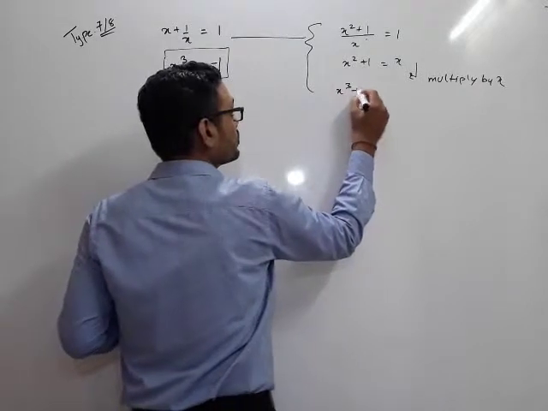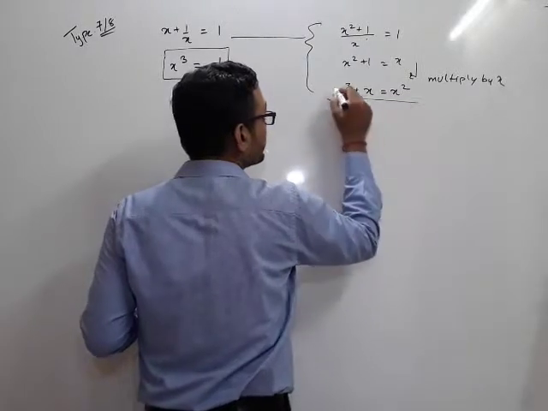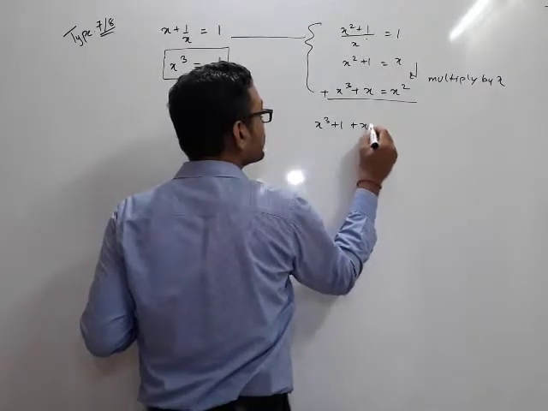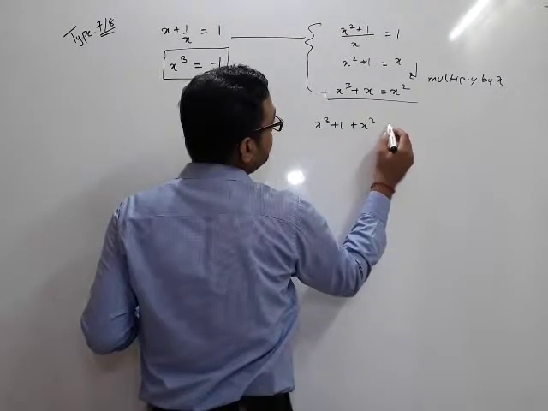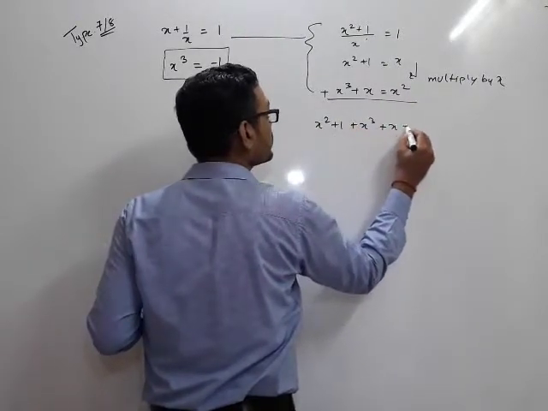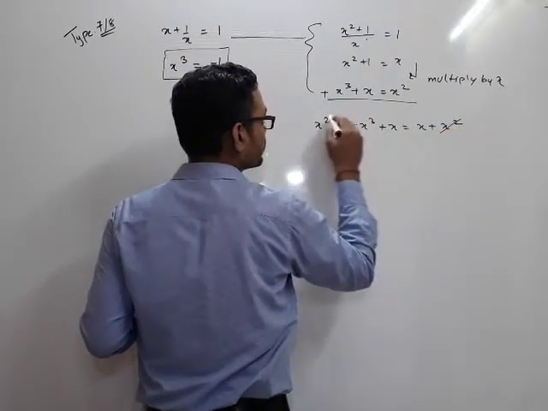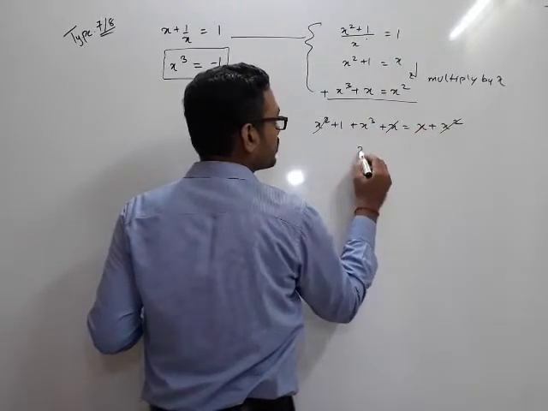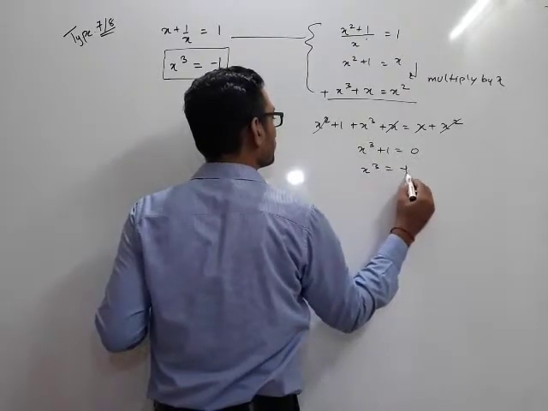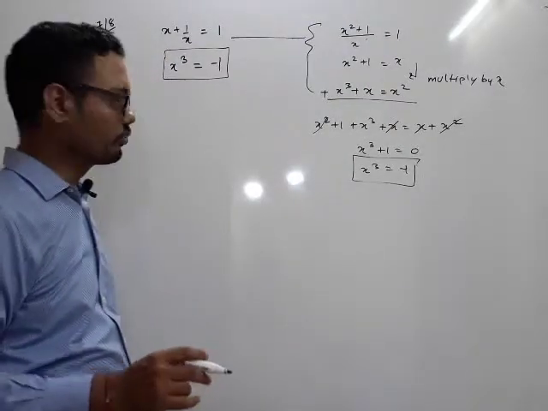So it becomes x cube plus x is equal to x square, and if you add this, x cube plus x plus x square plus 1 is equal to x plus x square. So x square and x square cancel, x cube plus 1 is 0, x cube is minus 1. This is the kind of a proof of it.